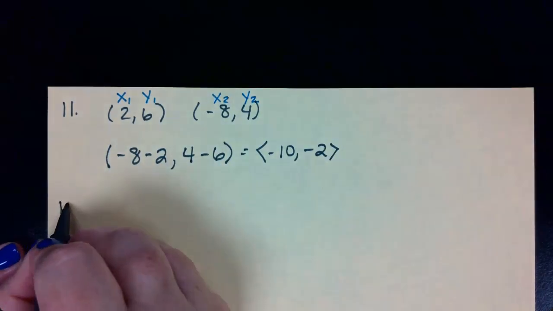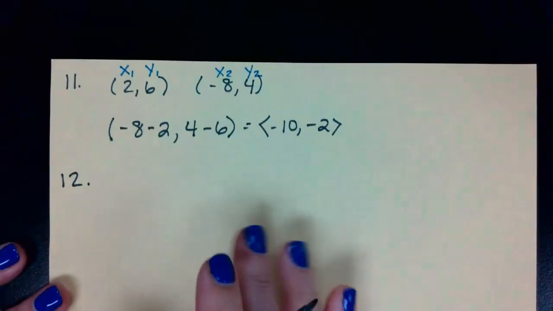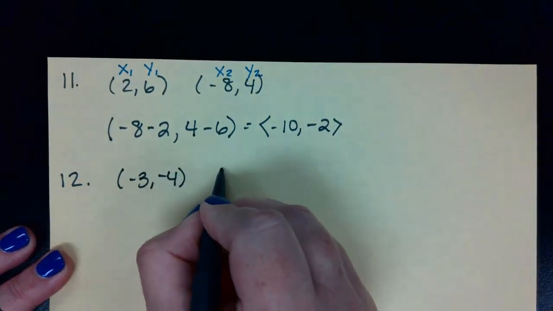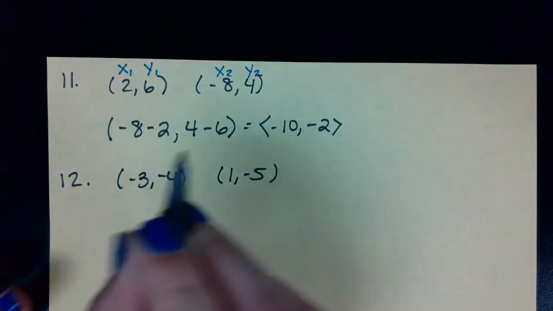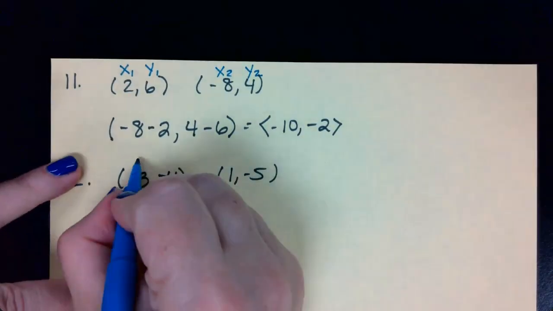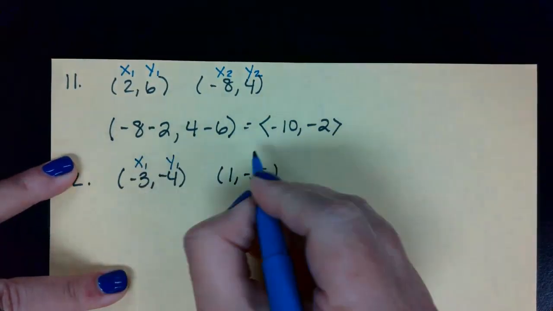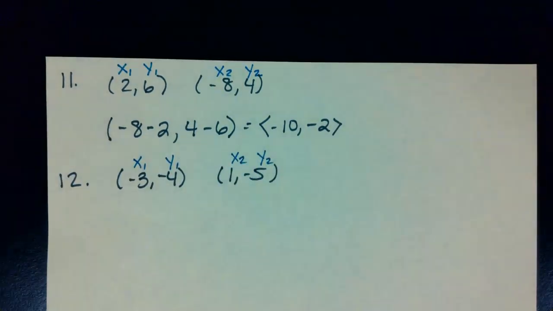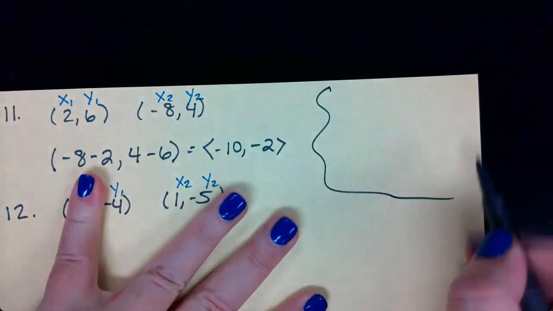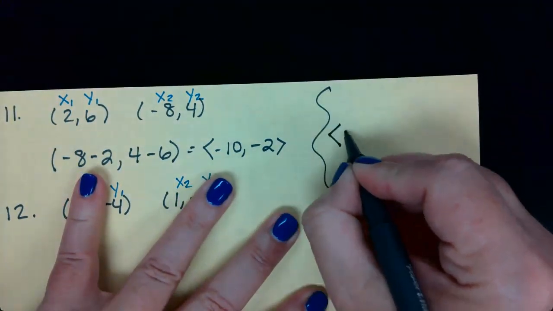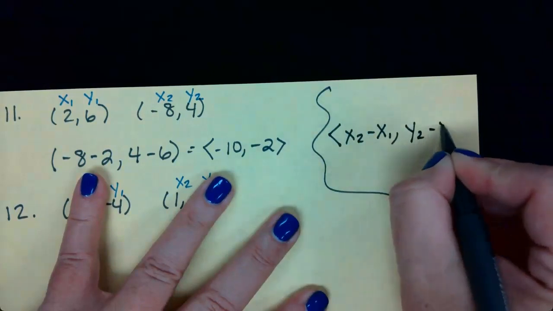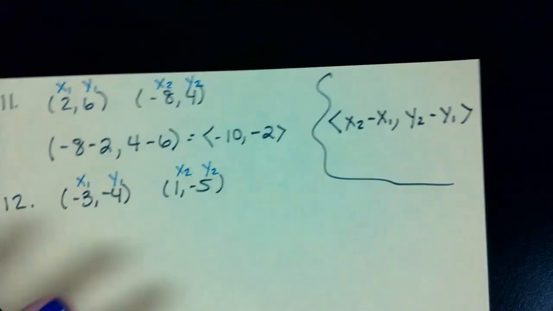So let's try another one, number 12. Negative 3, negative 4, and 1, negative 5. So we're going to label, label, label, label, x1, y1, x2, y2. Okay, just in case you need the formula, x2 minus x1, y2 minus y1.